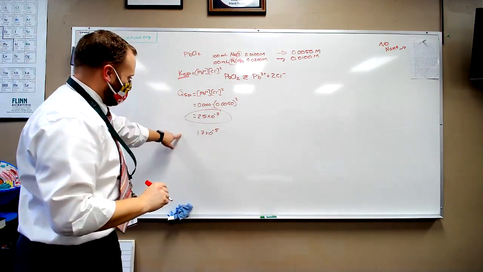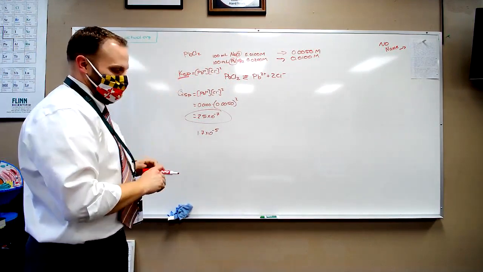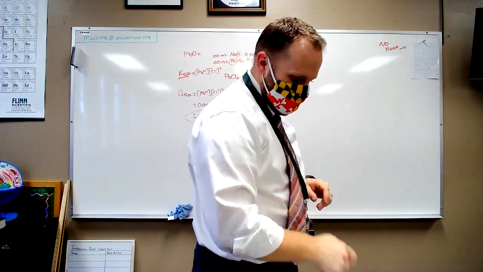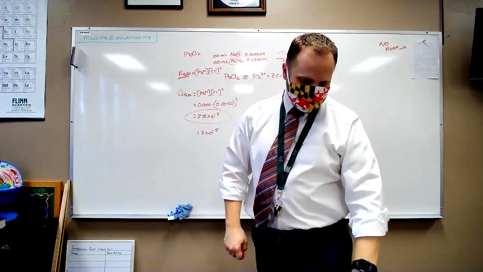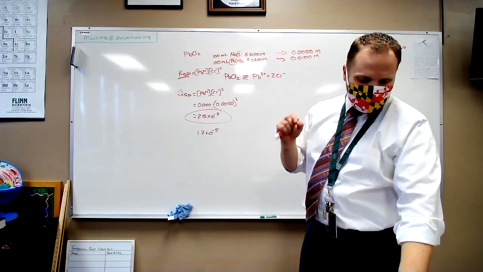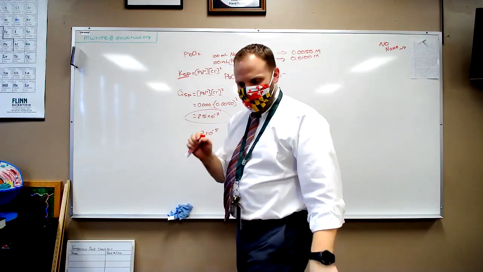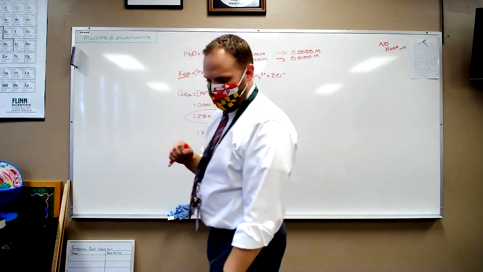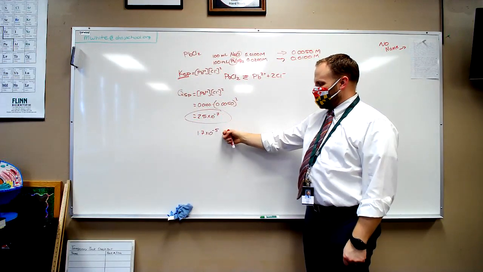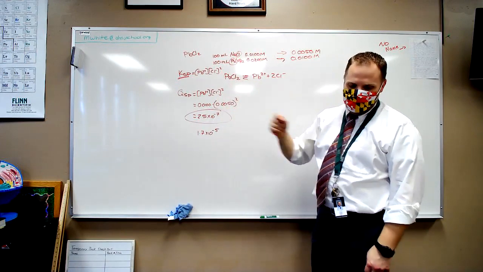So we want to know, is the QSP bigger or smaller than the KSP? That's going to tell us our answer. The rules are right there on the top of page 619. If the QSP is less than the KSP, no precipitate forms. This number is less than that number, so in this situation, we're not going to get a precipitate.